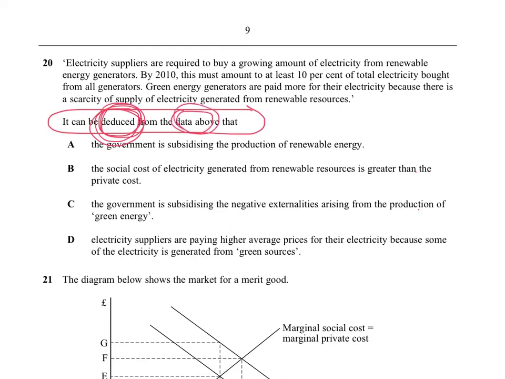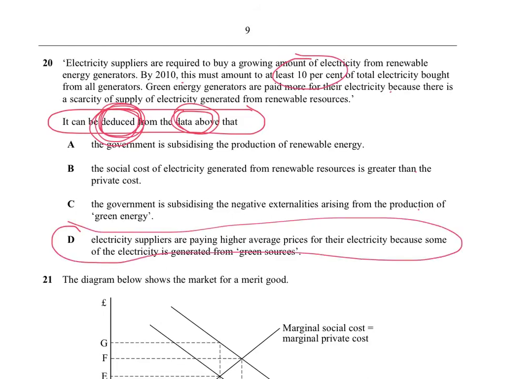It tells us 10% of electricity must be bought from green energy, and they are paid more because there's scarcity. The only thing we know for sure, and the answer is going to be D: the people are paying higher prices because of the scarcity of green sources. That's the only thing we can conclude from that data set.